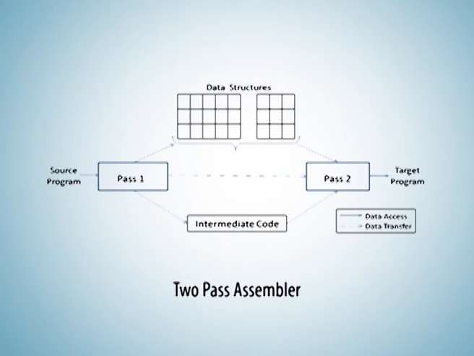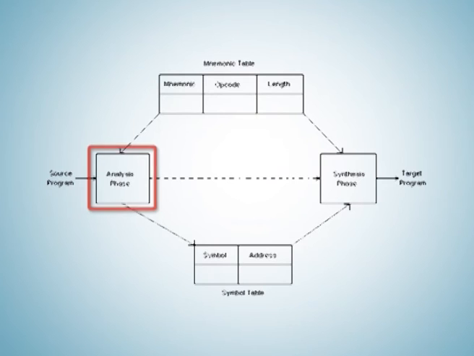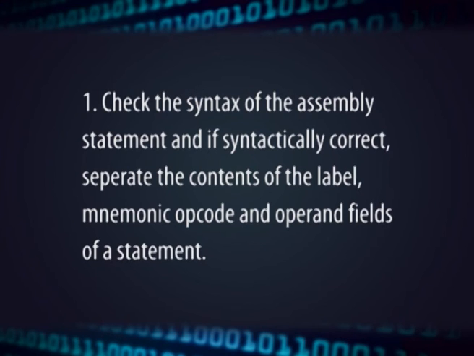A 2-pass assembler scans the program twice. In the first phase, it does the analysis of the assembly program to perform tasks such as: first, check the syntax of the assembly statement, and if it is syntactically correct, separate the contents of label, mnemonic opcode and the operand fields of the statement.